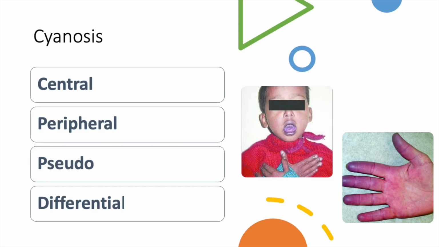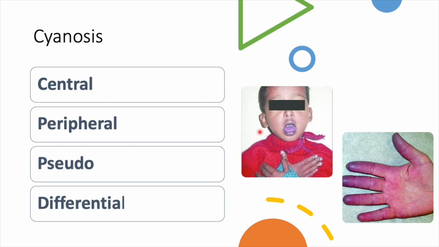In central cyanosis, there will definitely be peripheral cyanosis also. Peripheral cyanosis means only the extremities, the hands, the legs, tip of the nostril or the earlobes are cyanosed. The mucosa is not cyanosed. When the mucosa is cyanosed, it is central cyanosis, and in central cyanosis there will definitely be peripheral cyanosis.